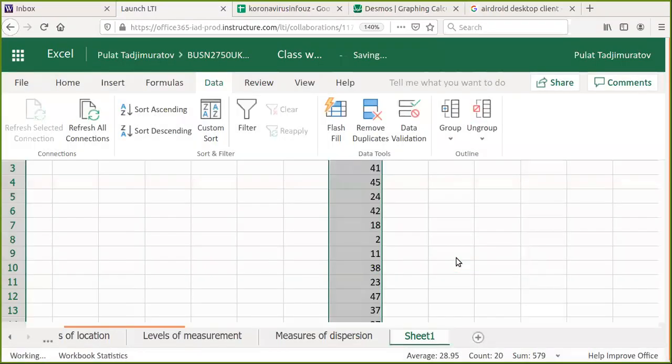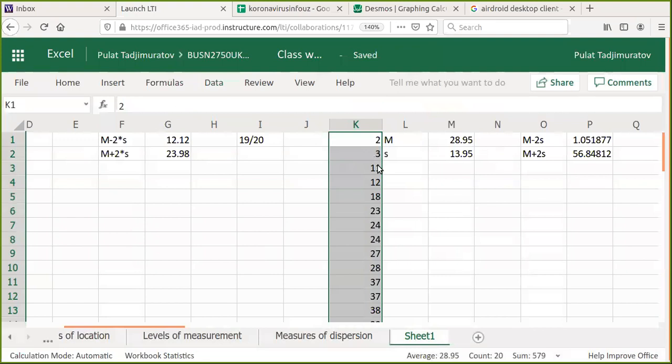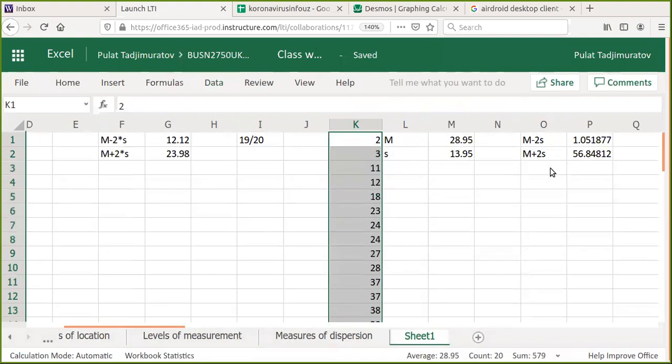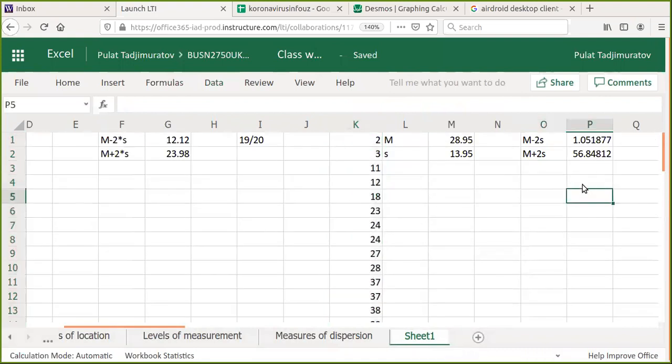Just sort. So they are all larger than 9 and they are all less than 56. So we have 20 out of 20. 95% in one case and 100% in the second case.